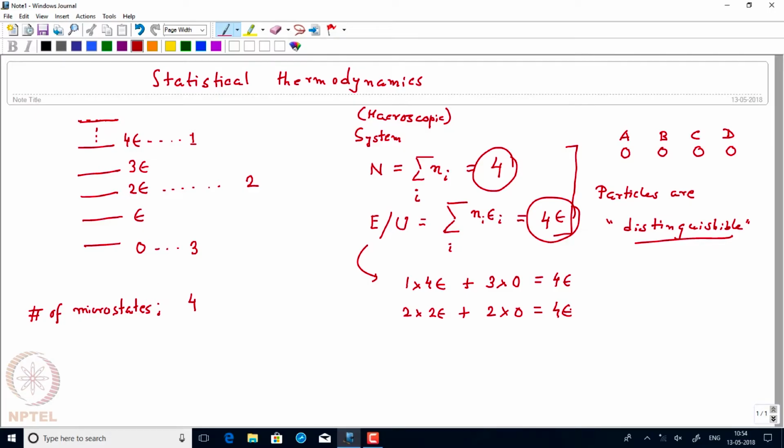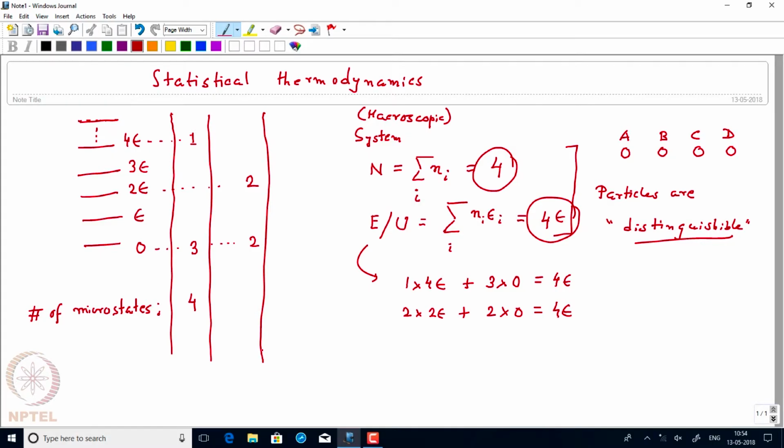So again I get the macroscopic description as the same. I can make a table-like thing. This is another way of distribution. In the first distribution I kept 3 particles in level 0, 0 particles in the next levels, and 1 particle there. In the second distribution I have kept 2 particles here, 0 particles in energy level epsilon, 2 particles in energy level 2 epsilon, and for other cases I am keeping 0.